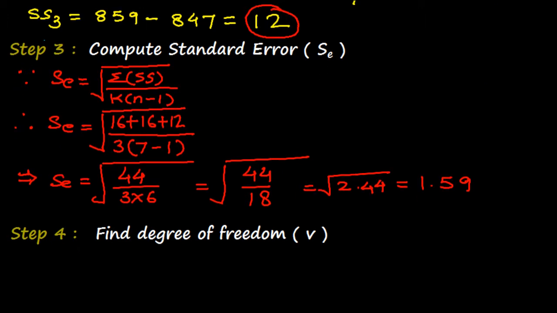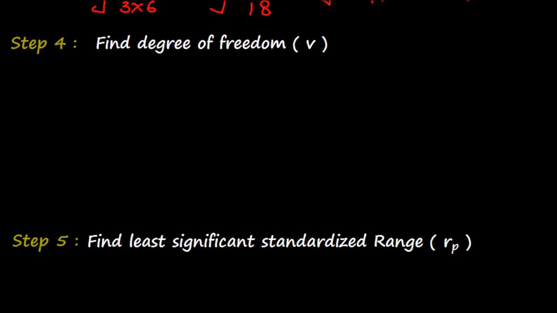Now we have to find the degree of freedom. Degree of freedom, which is V. So V, degree of freedom, is equal to N minus k.